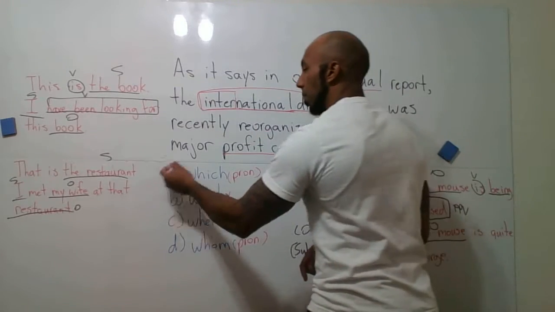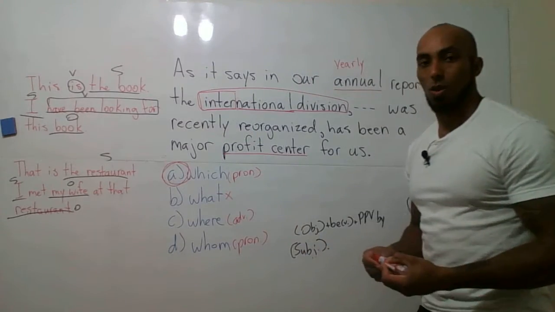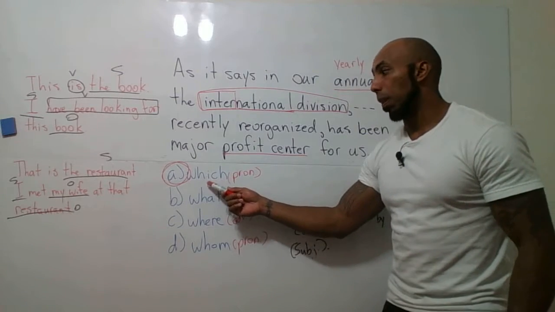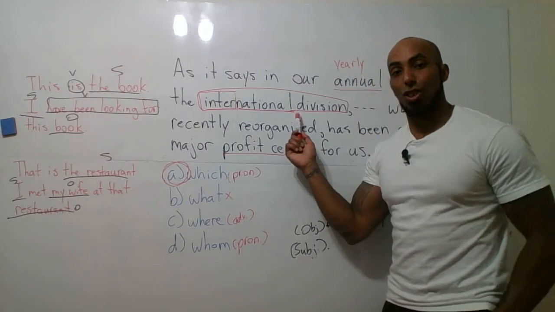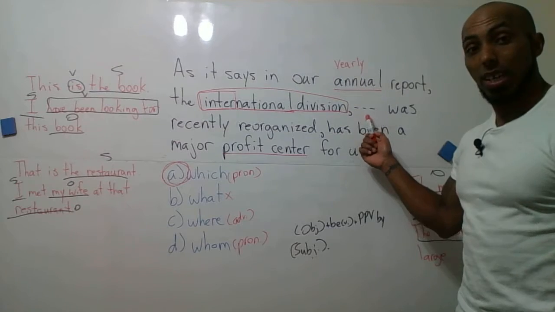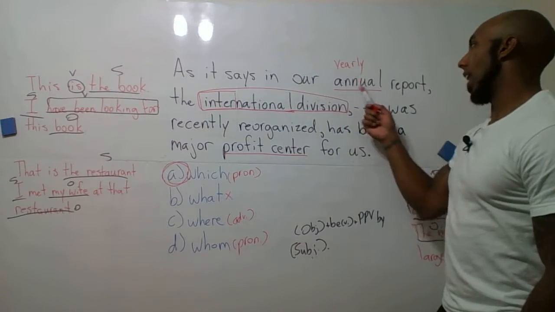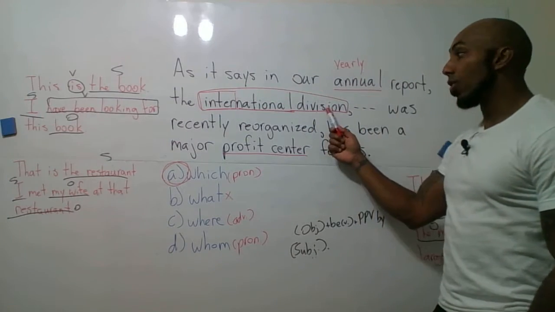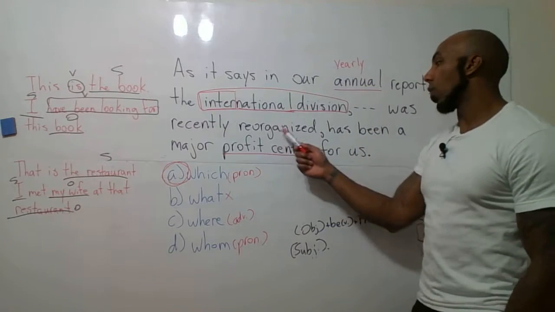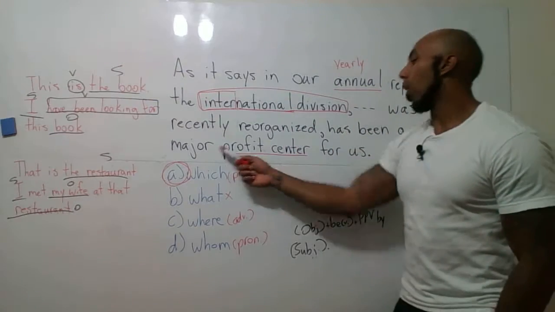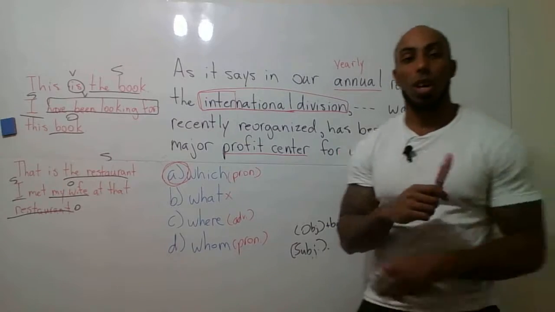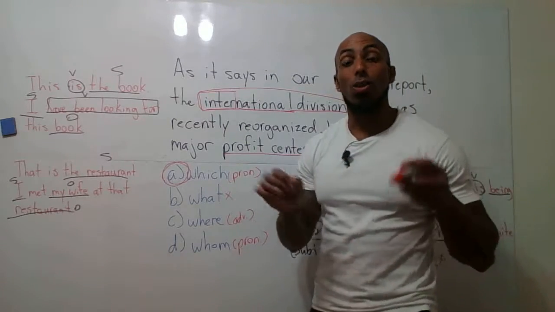That would be which, okay? So which takes the place of International Division in here, right here. So as it says in our annual report, the International Division, which was recently reorganized, has been a major profit center for us, okay?